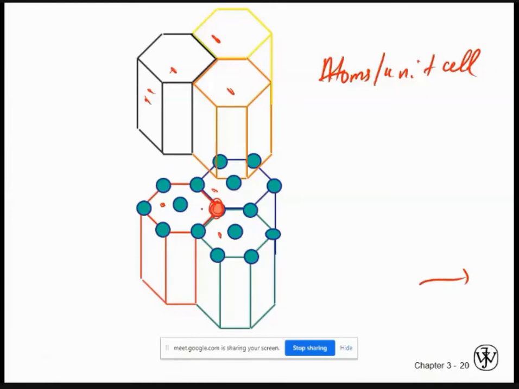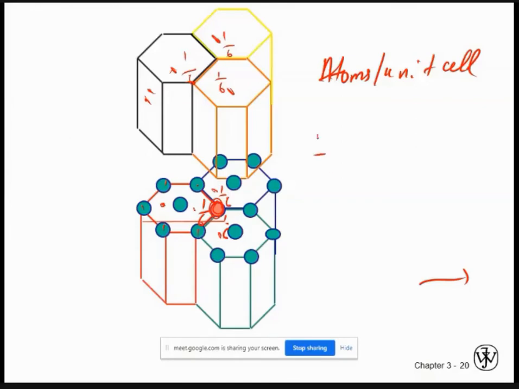So this hexagon over here will have 1/6 part of it. So each one has 1/6, and this one also. So in total, 1 atom. So this atom's 1/6 part is inside this hexagon. I have 6 coordinate atoms like this.